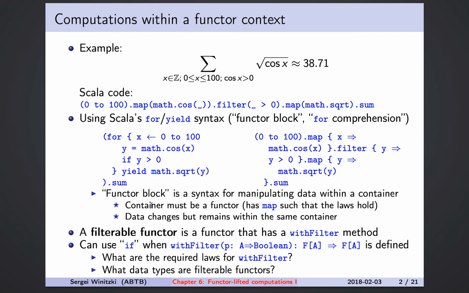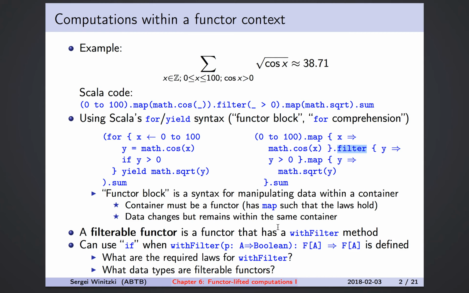So, in chapter 4, we have started with the container semantics, looking at the map function, and generalized from it to obtain the concept of a functor. We will do the same in this tutorial to generalize the filter. We will find what laws the filter must satisfy and what kind of containers will be such that you can define a filter method.